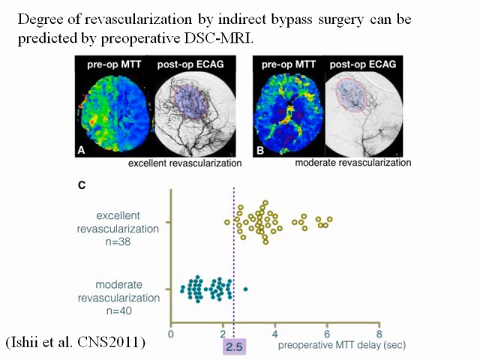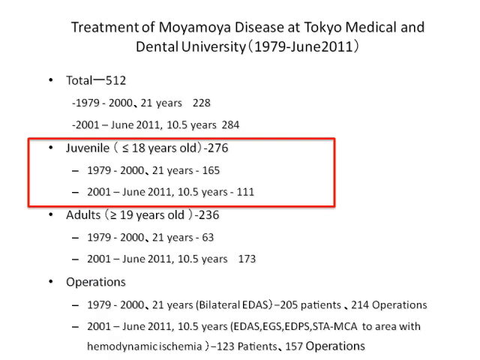And when we analyzed the postoperative revascularization from indirect bypass surgery, the area with highly prolonged mean transit time benefited very much. So, depending on such former studies, we are now using DSC MRI for all juvenile patients.